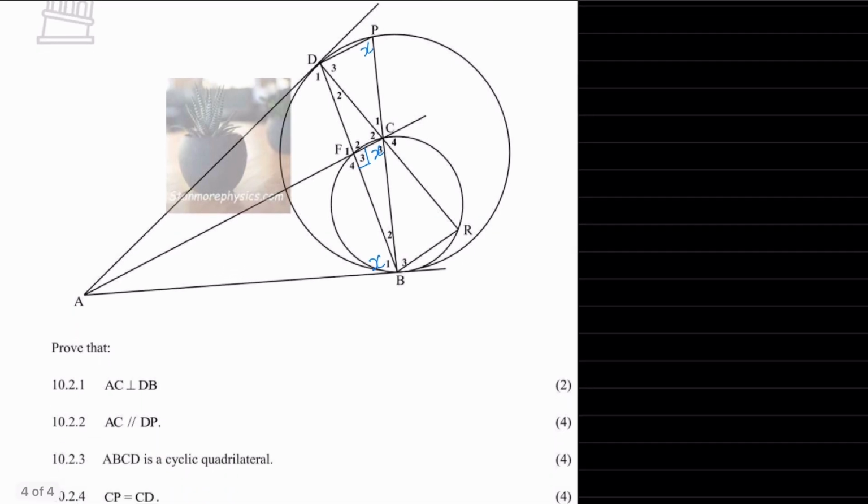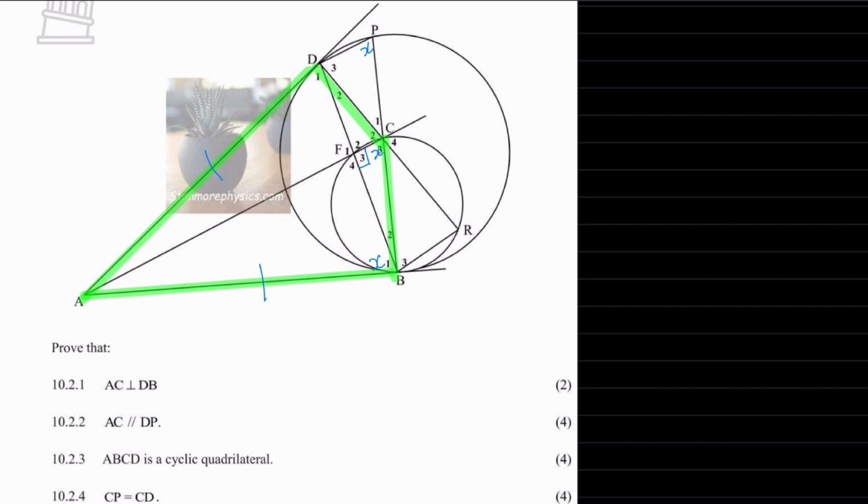10.2.3, prove that ABCD is a cyclic quadrilateral. To prove that ABCD is a cyclic quadrilateral, so this shape right here, what we'll do is we'll start with this tangent lines. AD and AB are tangents that originate from the same point, meaning that they are equal in length.